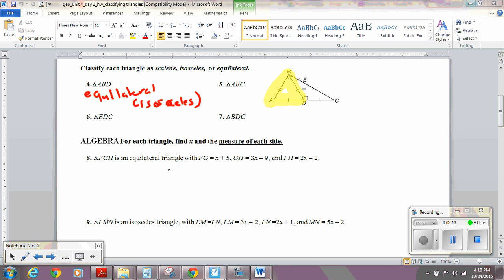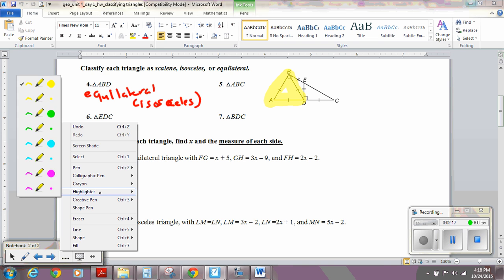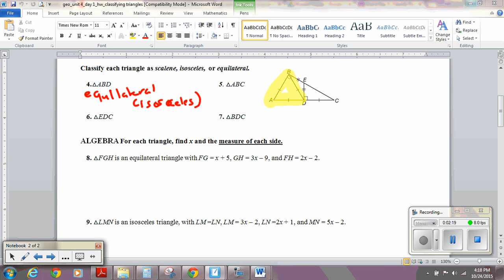Now let's look at triangle EDC. Here's E, D, and there's C. Well, again, we're only focusing on the sides. And side ED has two tick marks.